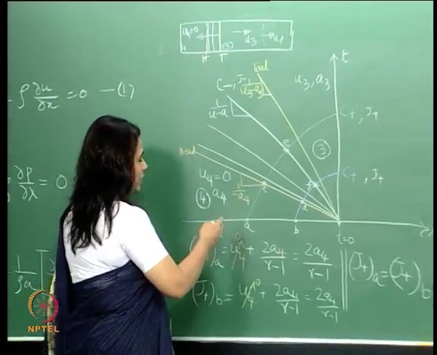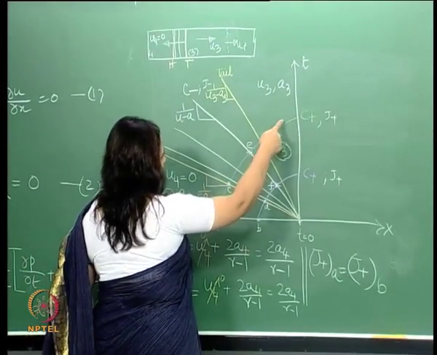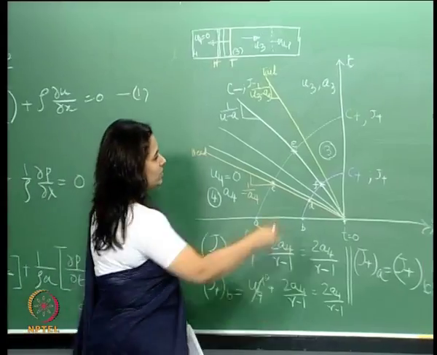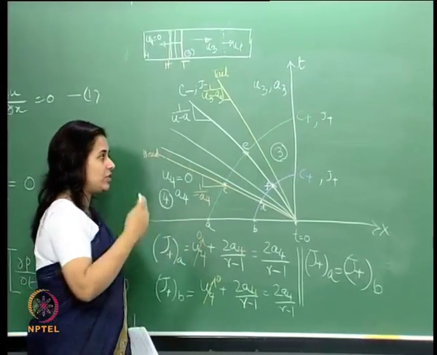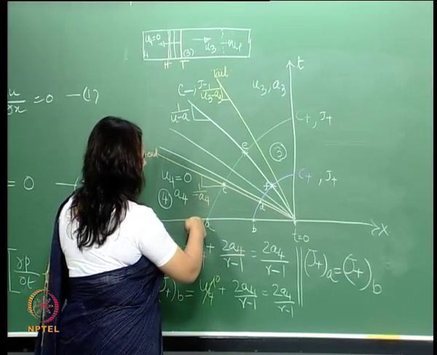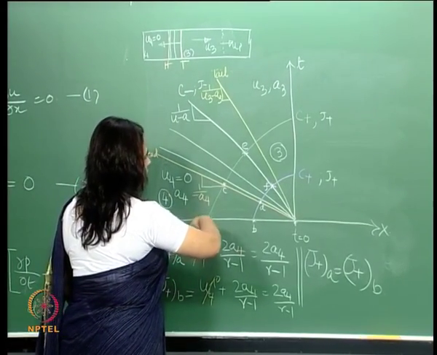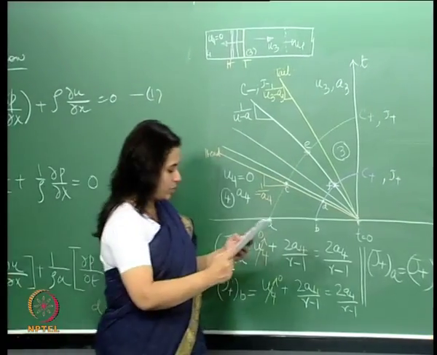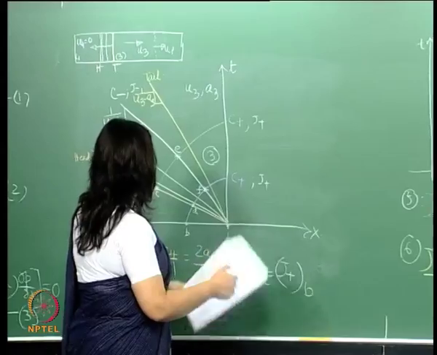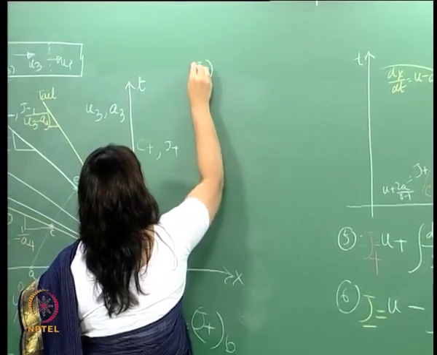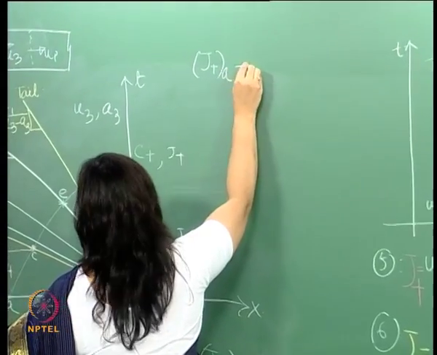Now let us look at this C plus characteristic, the green C plus characteristic, and we know that j plus is a constant over a C plus characteristic. So, based on that, what we can write here is j plus a, right.